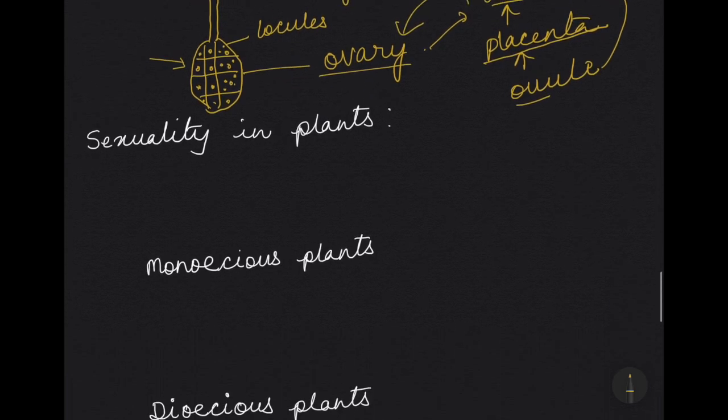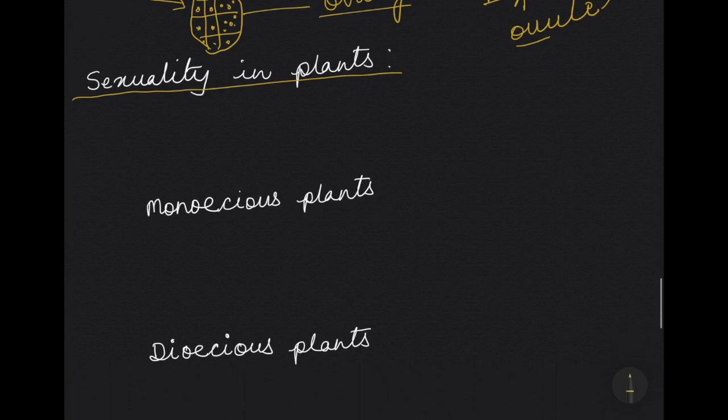Okay, now moving on to the sexuality in plants. Most of the plants are bisexual. That means it bears flowers which has all the four whorls. That means if a flower has all the four whorls, then it is a bisexual flower. But in many plants, the male and female flowers are separate. Okay, there are two types of such plants.